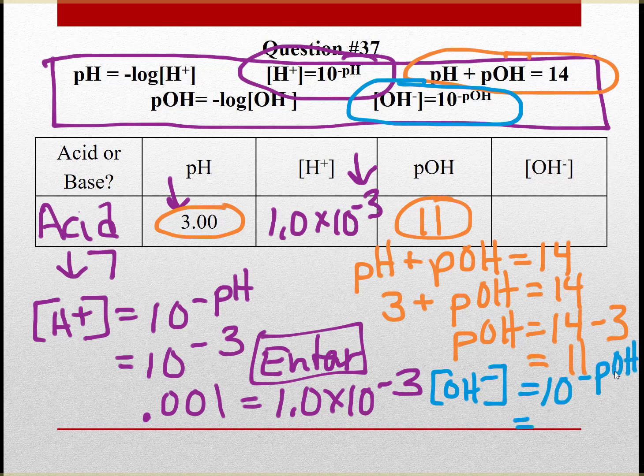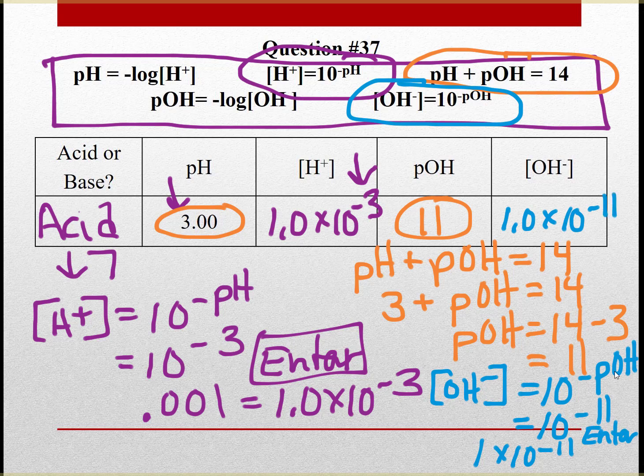I know what my pOH is. It's an 11. So I have 10 to the minus 11. If you press enter, you are going to get 1 times 10 to the minus 11. So that's our answer.